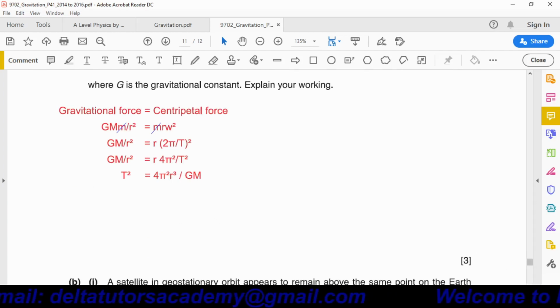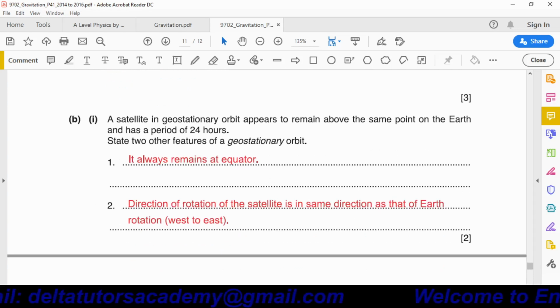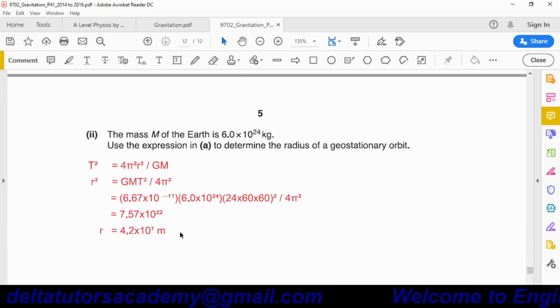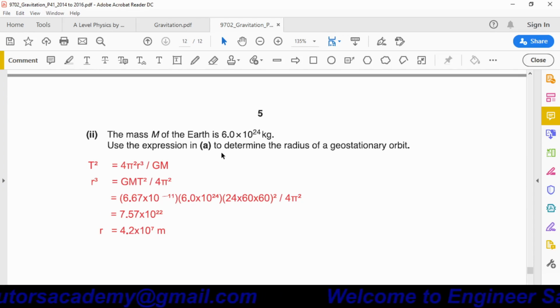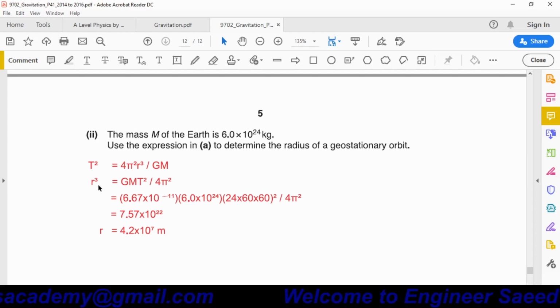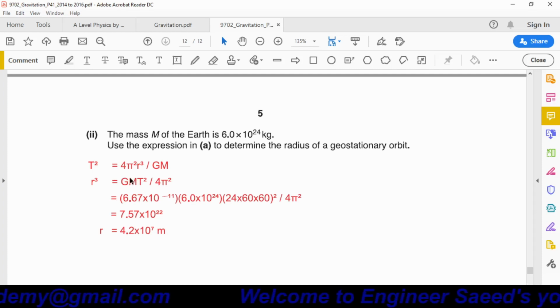T square is equal to 4 pi square r cube over GM. Now we have to calculate the value of r, so we have to make r the subject and take the other quantities on the other side.